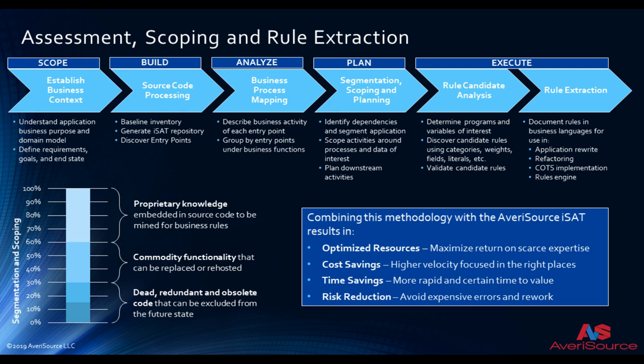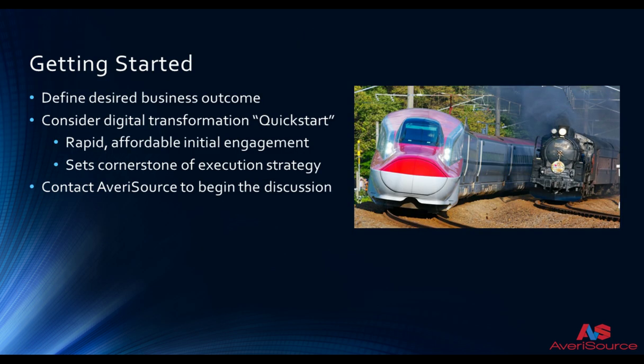So combining this methodology with the AveriSource ISAT enables us to optimize resources, achieve the greatest cost savings possible, get quick time to market and time to benefit associated with the digital transformation initiatives, and very significantly reduce risk because we understand the dependencies, the landmines, and the complexities at the beginning of a project. We're not discovering those halfway through the project.